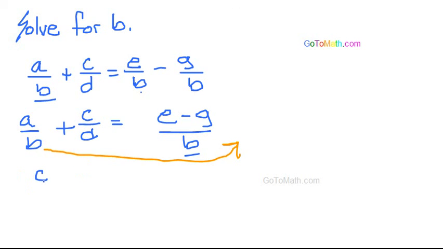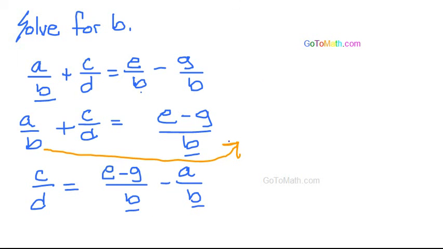So that means we're going to be left with C over D all by its lonesome, equal to E minus G over B minus A over B. We have a common denominator, so we can just join those together. So we have C over D is equal to E minus G minus A, since we have a common denominator, over B.